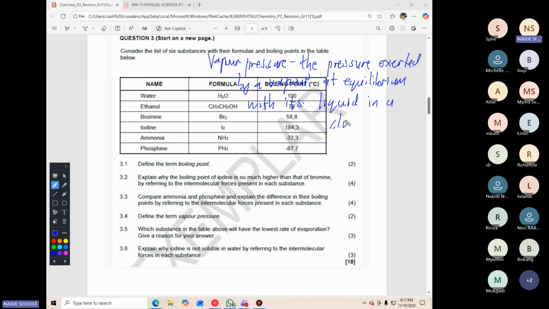This is vapor, guys. This one can be a little bit tricky to remember, but you should be able to memorize it.